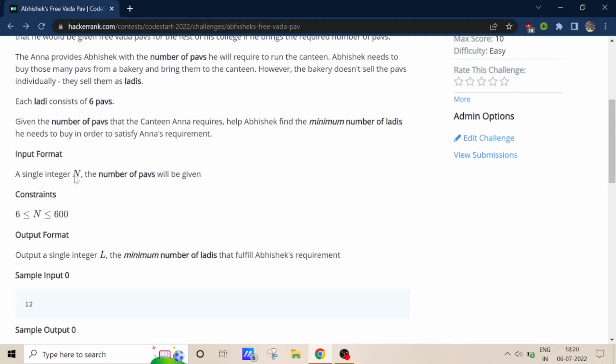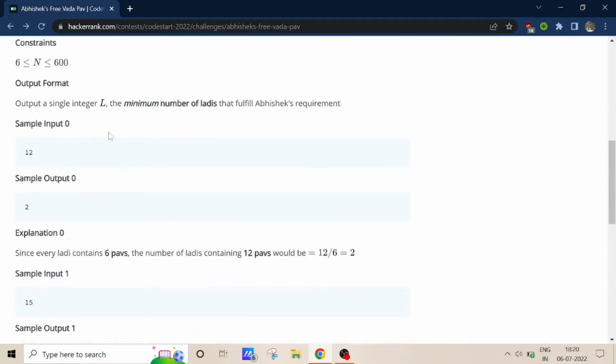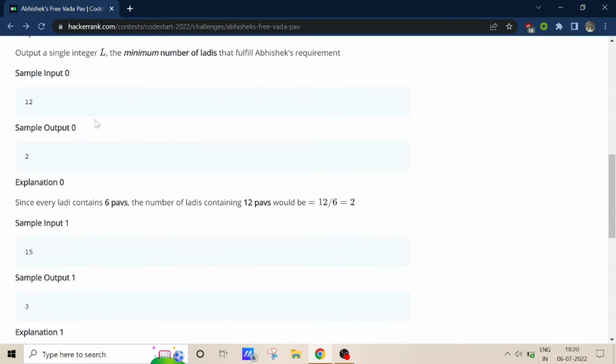So we would be given n, which is the number of pavs, and we would need to find L, which is the minimum number of ladis. Stress on the word minimum. The constraints are fairly weak. They aren't so high that you need to use some special data type. An integer would work.